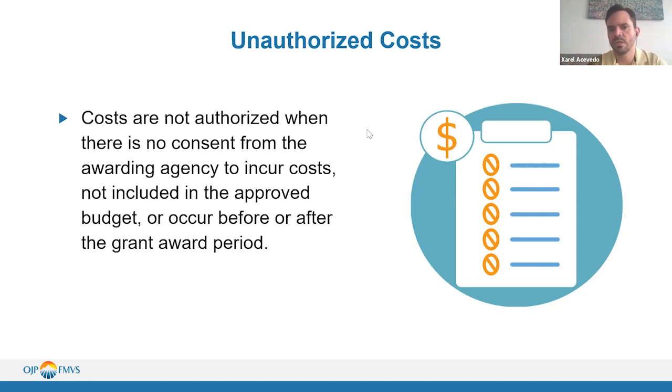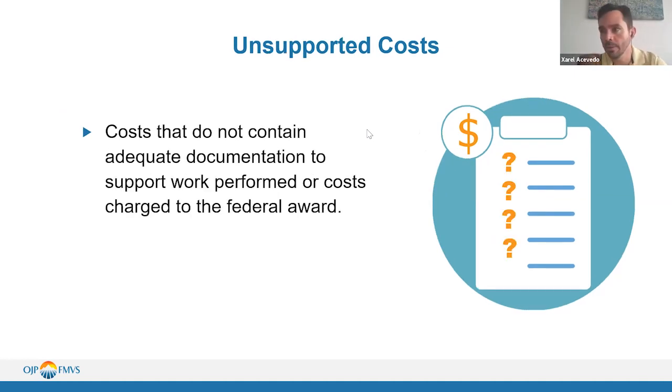This usually comes up when we are trying to move funds within budget categories and then want to include a category that was $0, that is new to the budget. Then be careful, because that is an unauthorized cost. You have to go back to your program manager and get it authorized, okay?